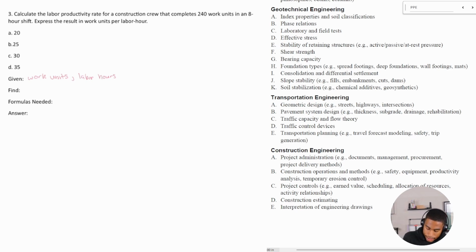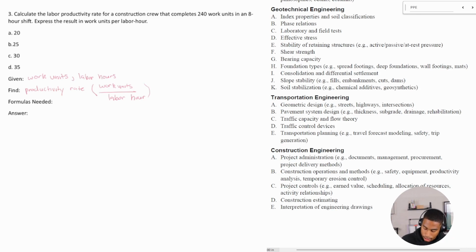And we're asked to find the productivity rate. And they want the result in work units per labor hour.